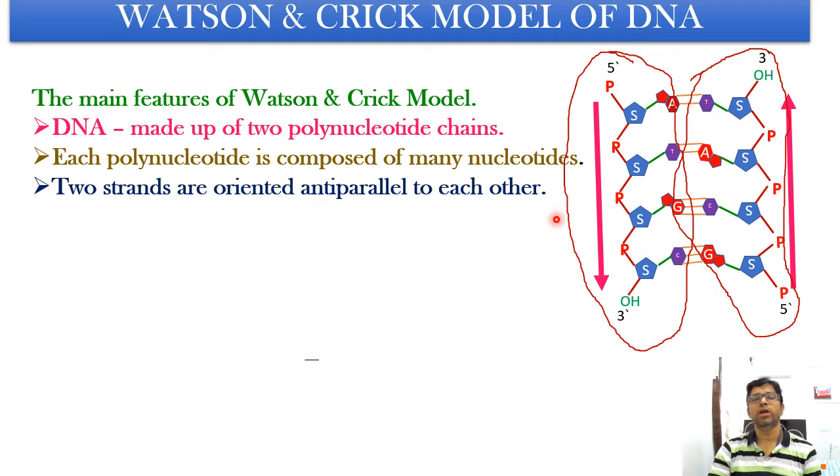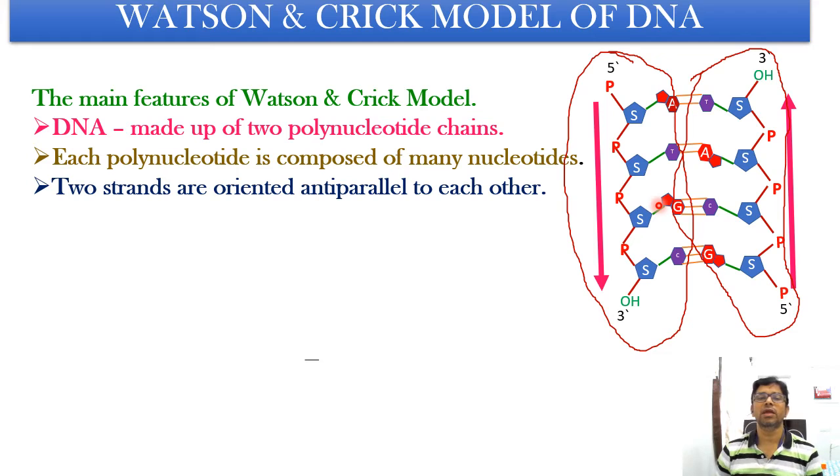And the third point is that the two strands are oriented anti-parallel to each other. Here you can see one strand runs in the 5 to 3 prime direction and the other strand runs in the 3 to 5 prime direction. So this type of arrangement is called anti-parallel orientation.